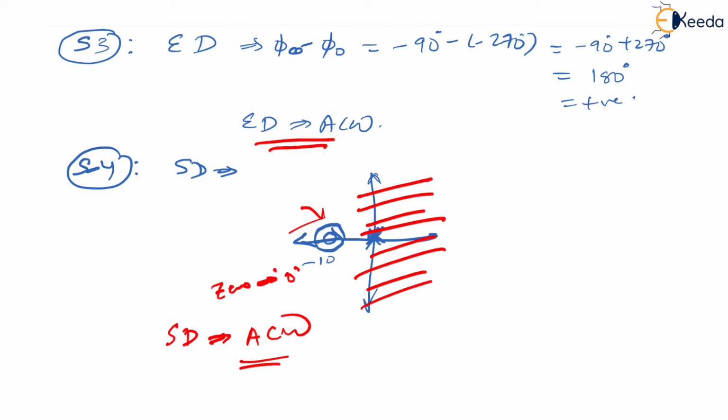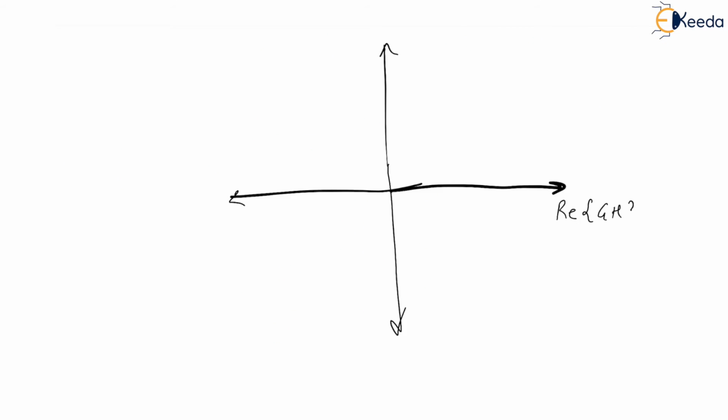If I try to plot this, how do I get the polar plot? Let us check out. Real part of GH, imaginary axis of GH, right? Now see dear, let me write angles as well. This is 0 degrees, this is minus 90 degrees, this is minus 180 degrees, and this is minus 270 degrees.